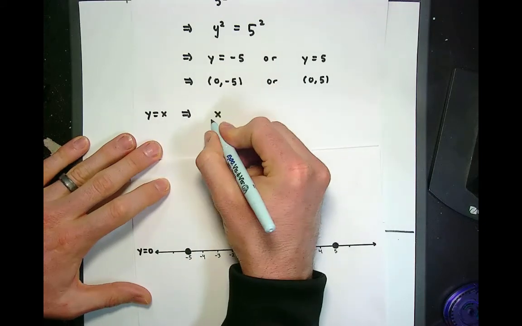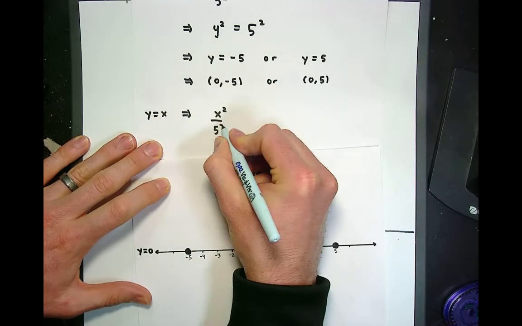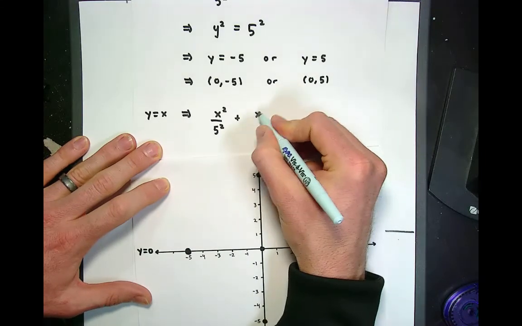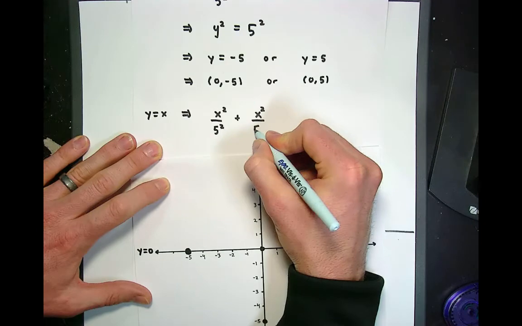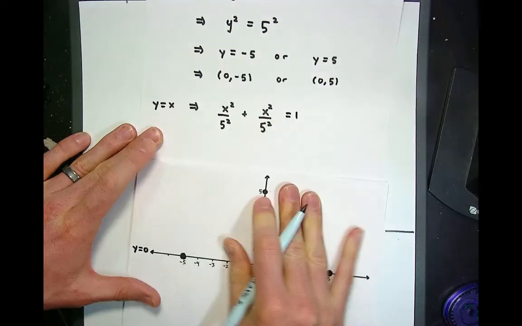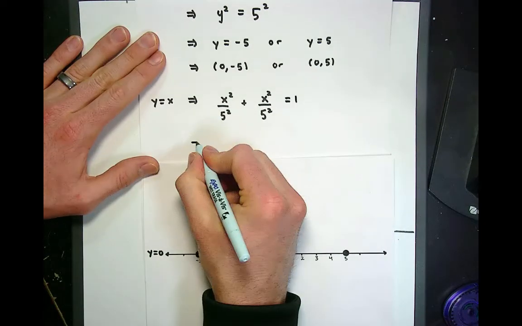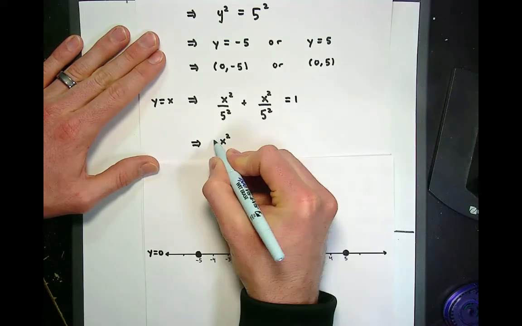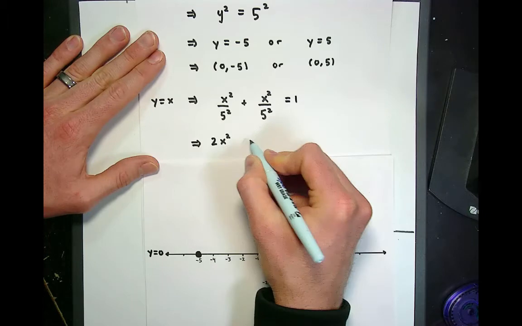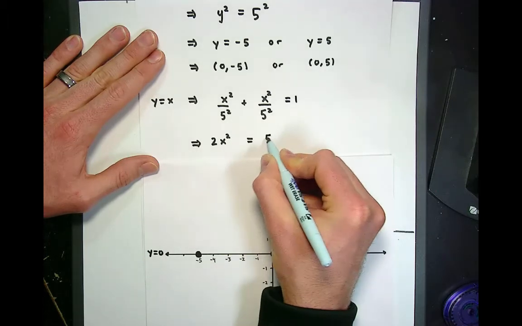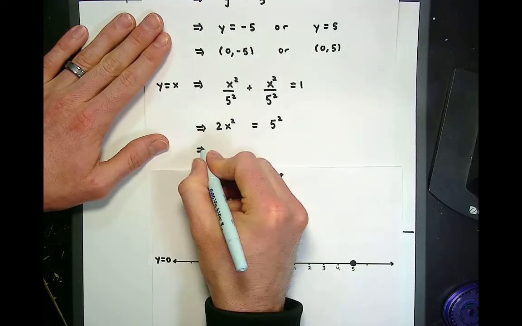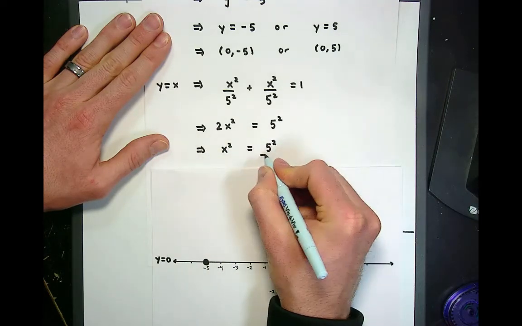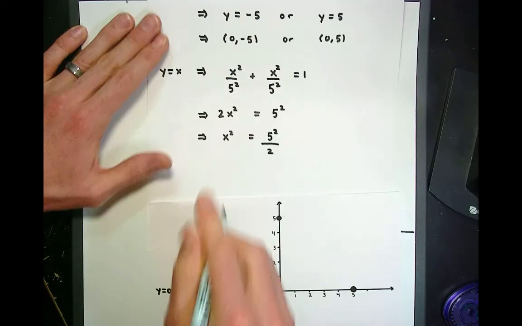So here we would look at x squared divided by 5 squared, plus normally we would have a y squared, but since y is equal to x, we have 2x squared divided by 5 squared equal 1. Of course, we can bring the 5 over to the other side. So now we've got 2x squared equal 5 squared, which of course implies that x squared is equal to 5 squared divided by 2.